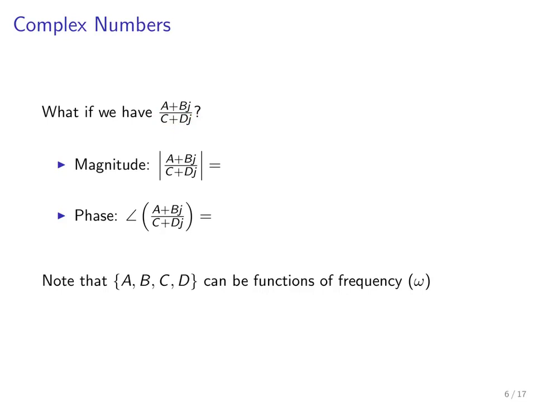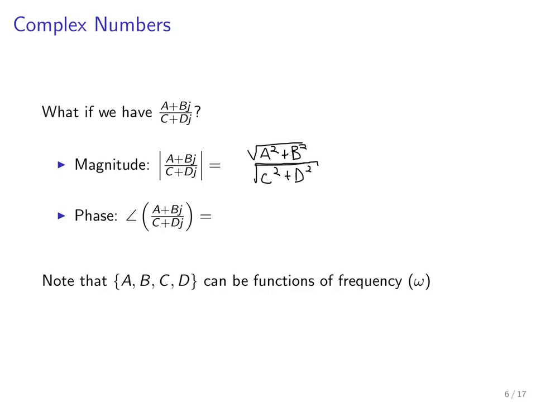We know the magnitude of each of these numbers on its own, so the magnitude of the ratio is just the ratio of the magnitudes: the square root of (a squared plus b squared) divided by (c squared plus d squared).